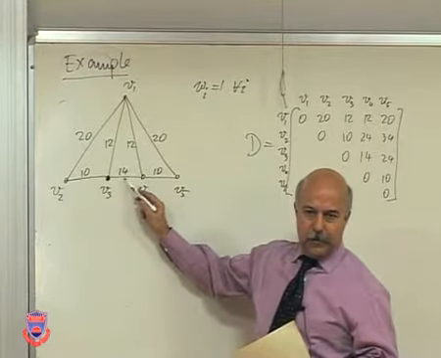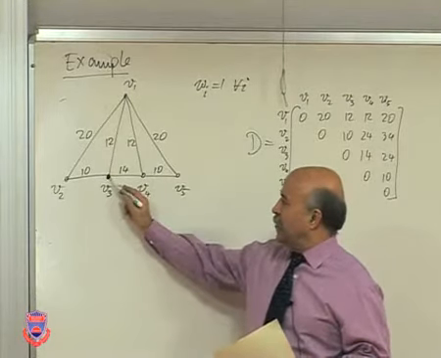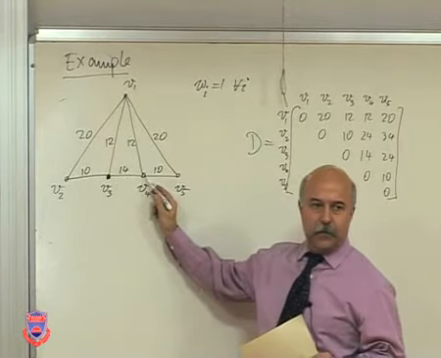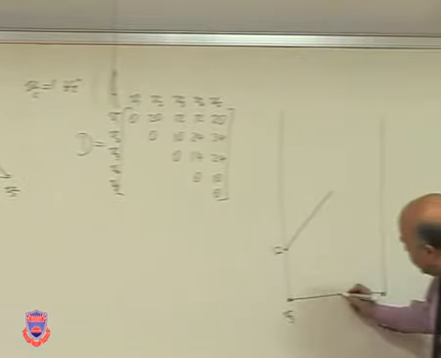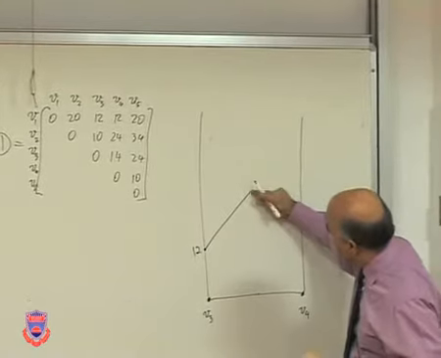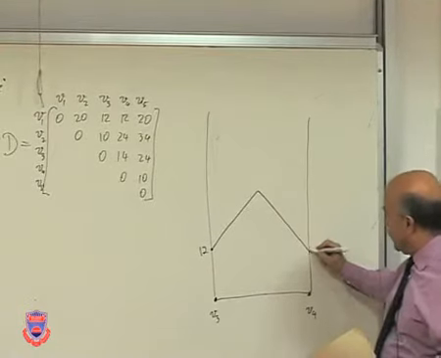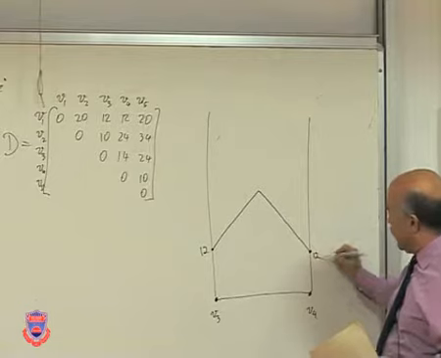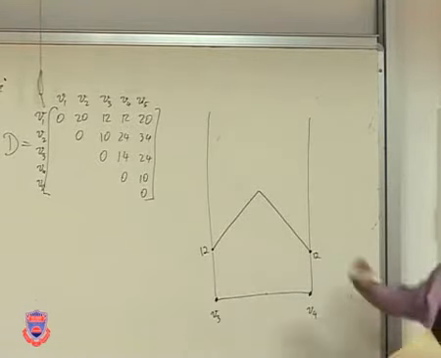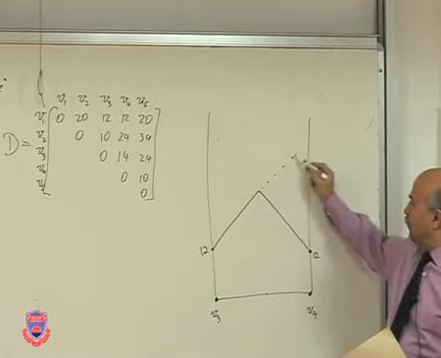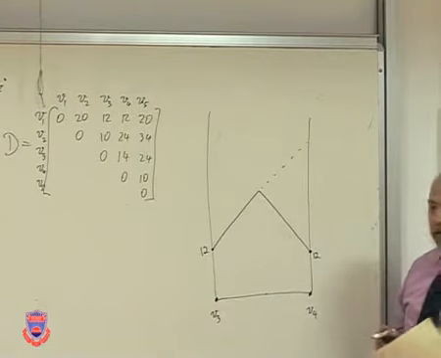At the midpoint, there are two shortest paths, one going through V3, the other one going through V4. Does everybody see that? So, at the midpoint here, you switch and start going down like that. Or you would continue like this, but it would no longer be shortest path length anymore.